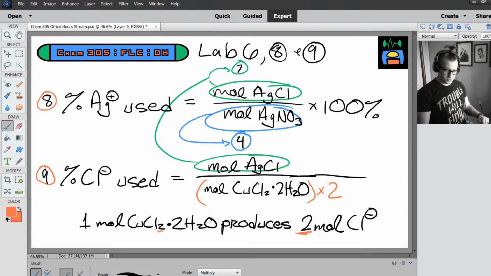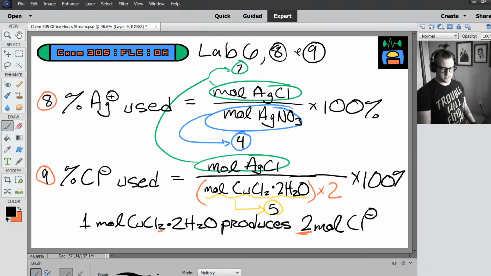So if you take the moles of copper chloride dihydrate, which you get from step 5, and you multiply that value by 2, that's your denominator. And you multiply this by 100, and you're good to go.